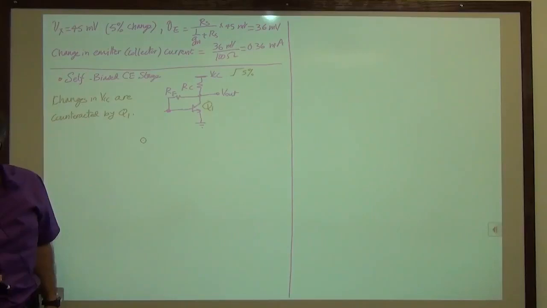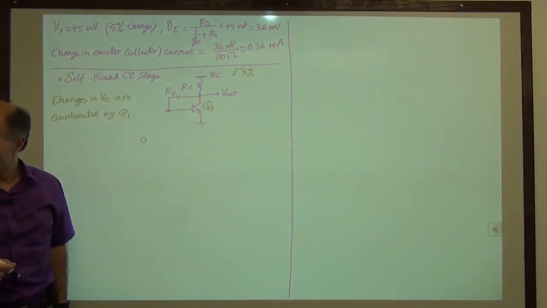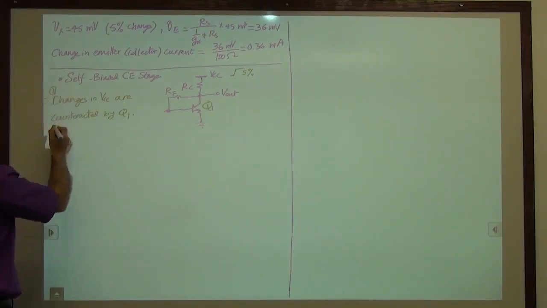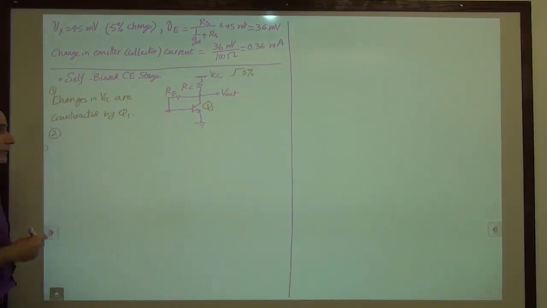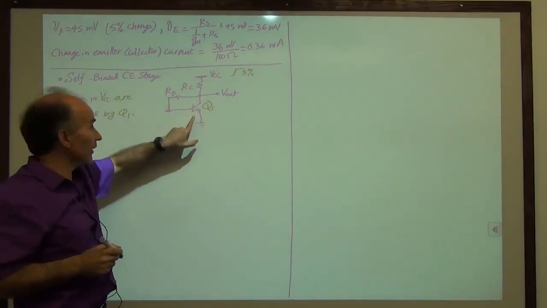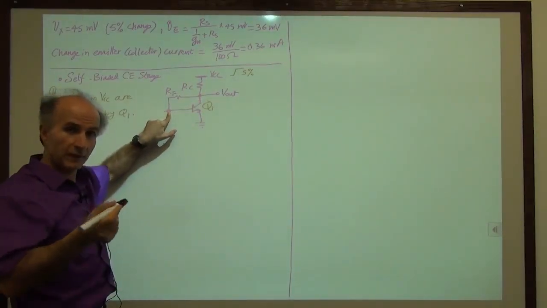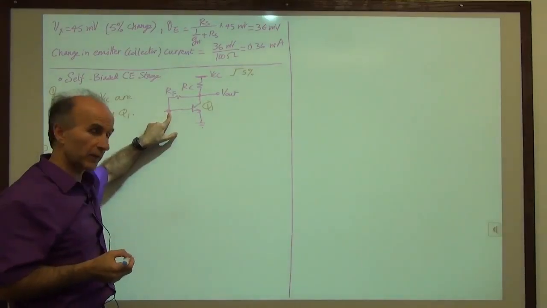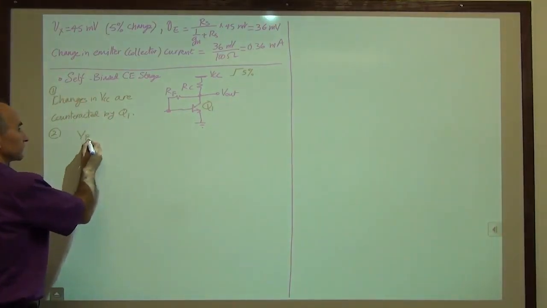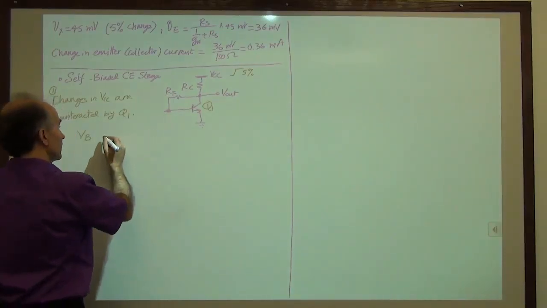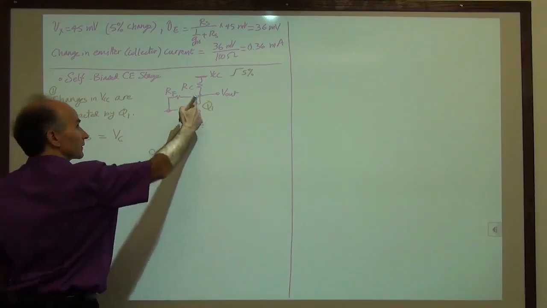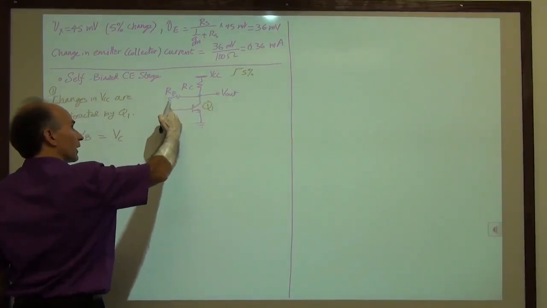Now, the next observation is the following. So that was one observation. The next observation is also interesting. In this circuit, we can write the base voltage, just DC for bias conditions, and see what we get. We can see that VB, the base voltage, is equal to the collector voltage, this voltage, minus this drop.